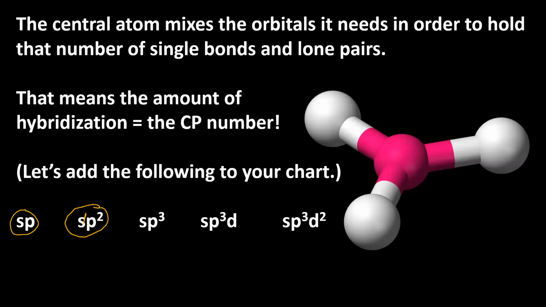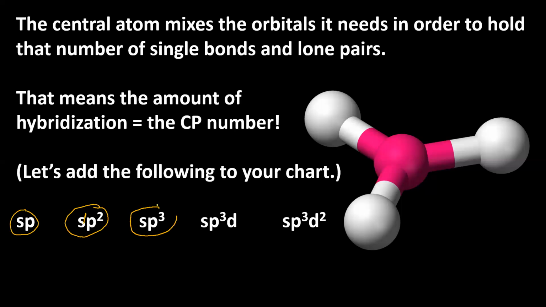Next up, we get a central pairs of 4. So what's it going to take to hold 4 pairs? 1 S, because we always start with S. And then to get up to 4, I need 3 more P's, don't I? That is SP3 hybridized.